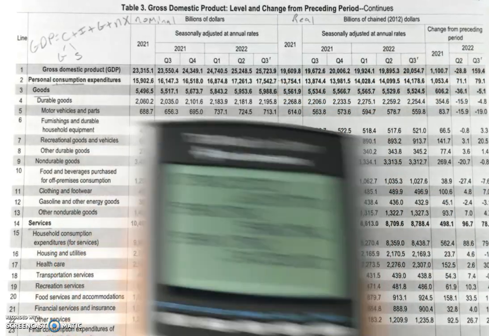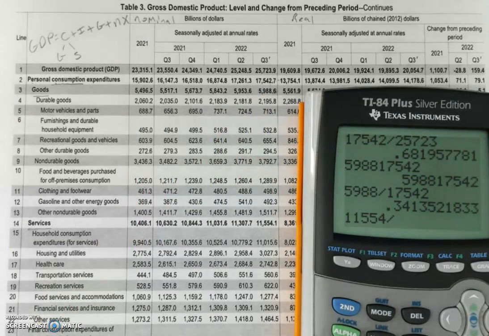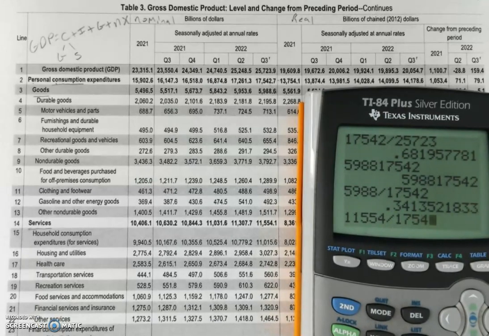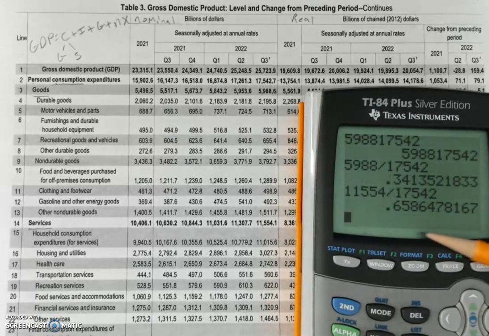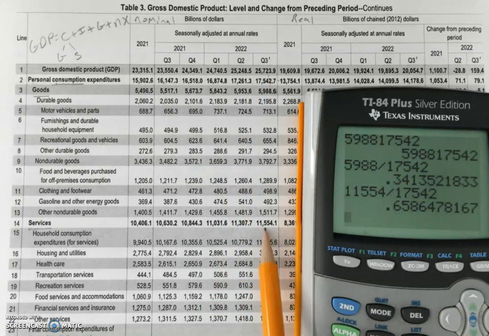That means that the other category, services, 11,554, if we divide that by personal consumption expenditures, 17,542, you get 65%. Okay? And so what you're getting is a decomposition of consumption into goods and services.